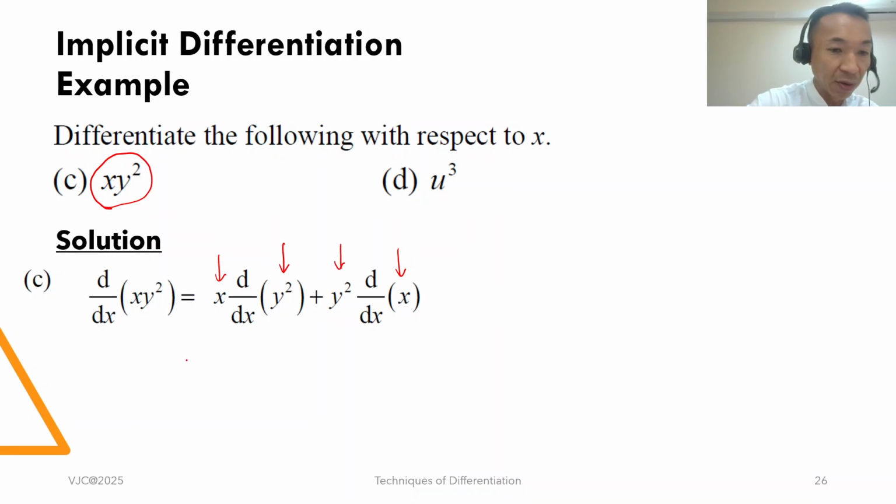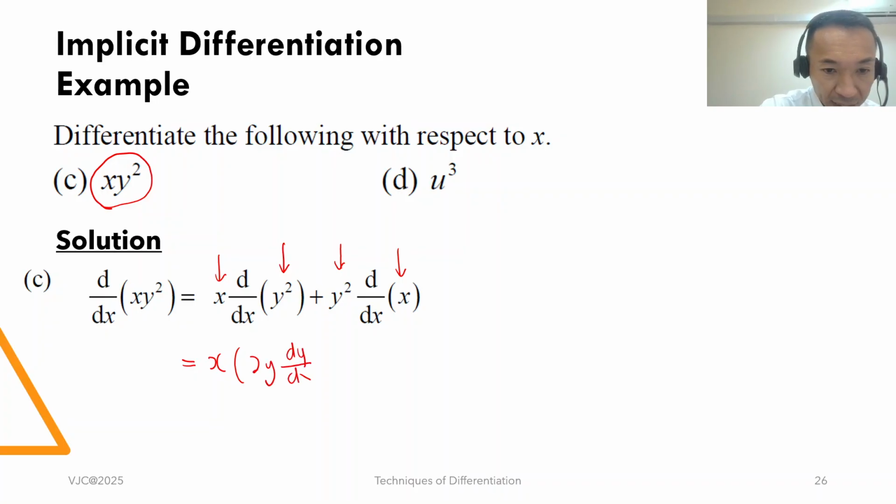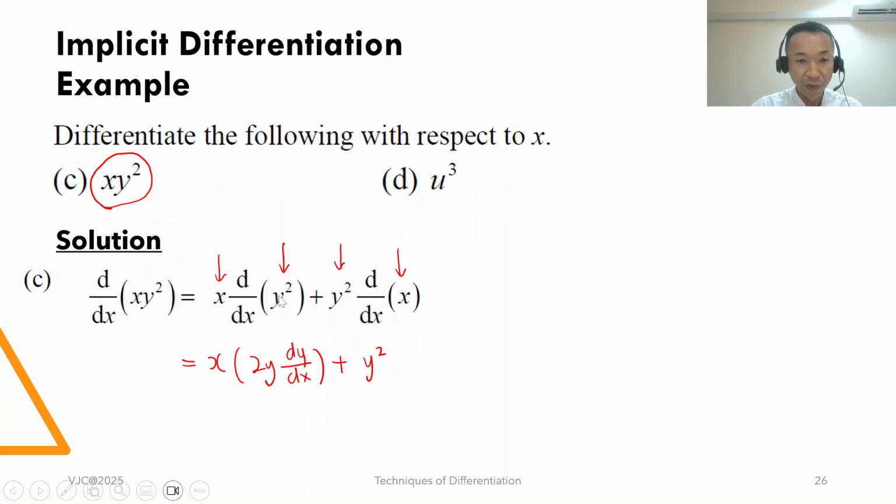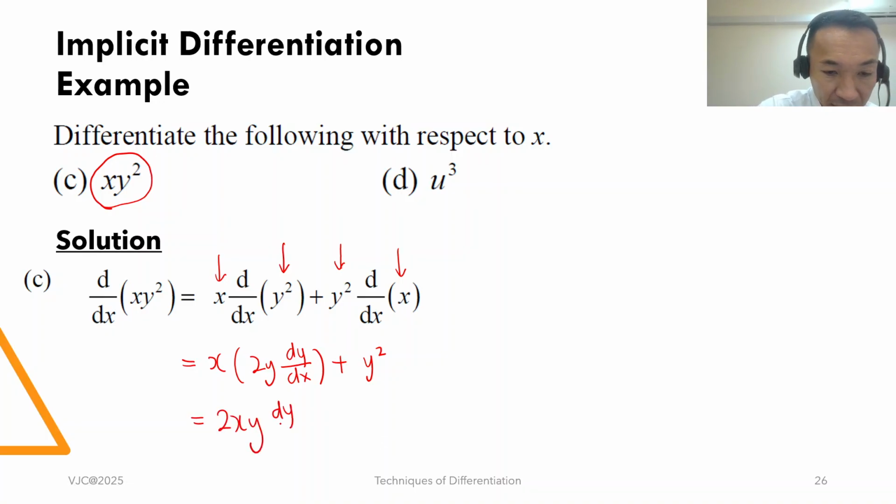But bearing in mind, when you differentiate y squared, you don't just get 2y, you will actually get 2y dy dx. And then you will get a y squared. I repeat, if you differentiate y squared, you get 2y dy dx. Then you get a 2xy. To make it prettier, I beg your pardon, it should not be an equals. It's a plus y squared.